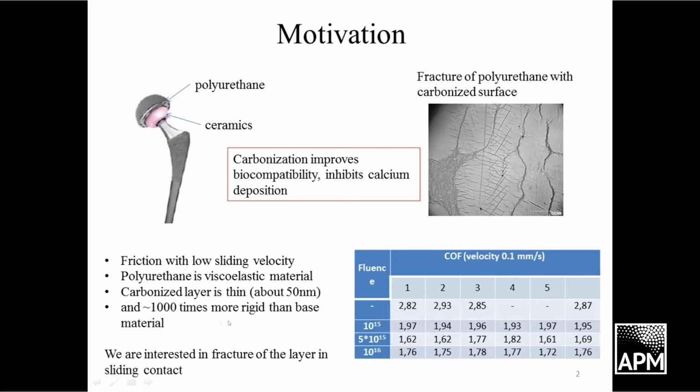We tested this material with and without carbonized layers in friction contact with a ceramic ball, and we have such results. We can see here that the carbonized layer improves friction, but in many cases the friction coefficient is very high.